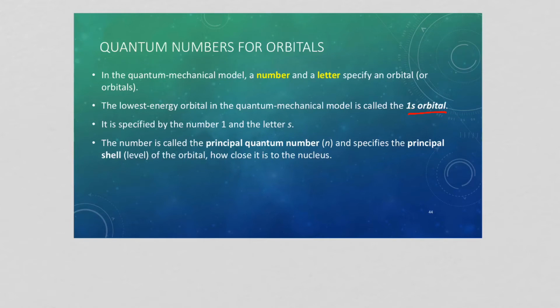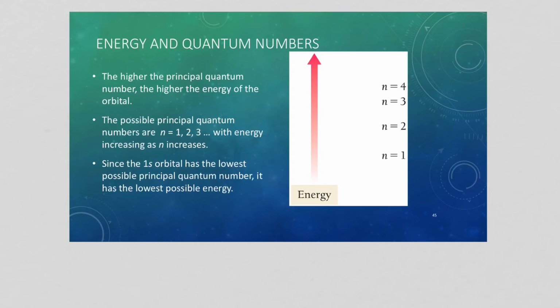Therefore, lower in energy. So the higher the principal quantum number, the higher the energy of that particular orbital or set of orbitals. And we use the same integer values that we used in the Bohr model to identify these, right? 1, 2, 3, 4, etc.